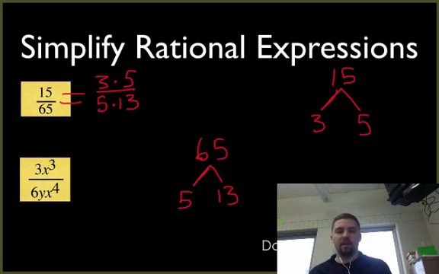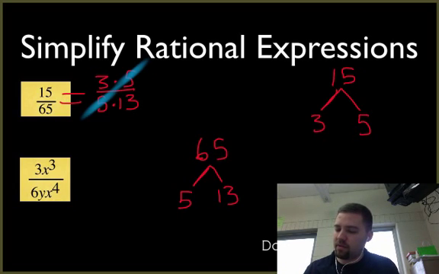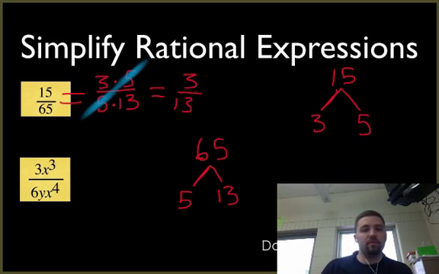Since everything is being multiplied on both the top and the bottom, it's okay for me to cancel out the 5's, and this can be rewritten as 3 over 13. So in order to simplify a rational expression, you factor it as far as you can and cancel out everything that you can. So that one simplifies to 3 over 13.